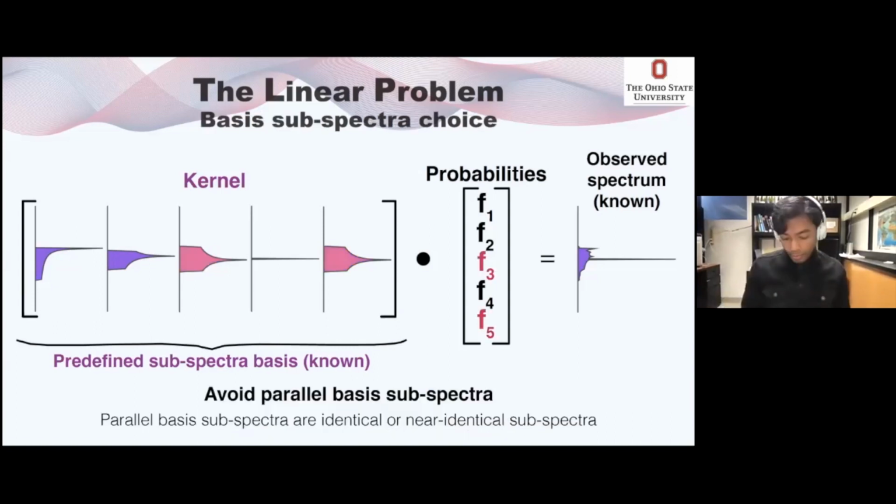Okay, so one thing that we need to take into consideration when designing a kernel is that we should not allow any two line shapes to be identical. When you do that, you end up with parallel bases in your basis set.